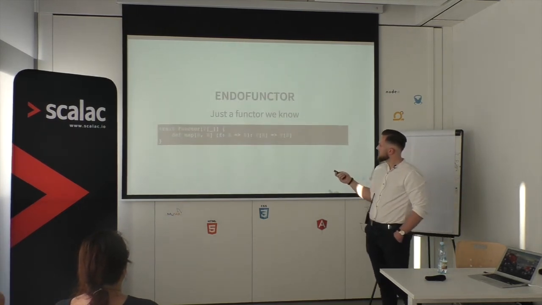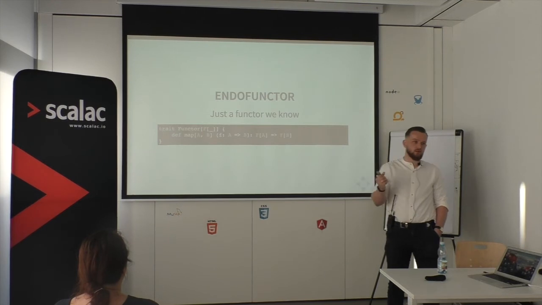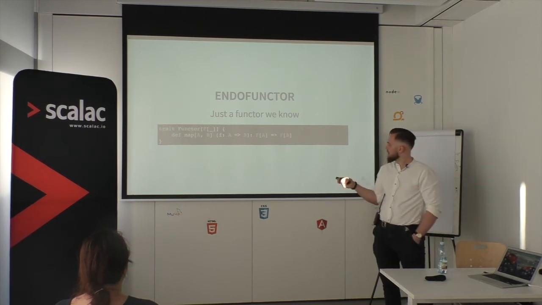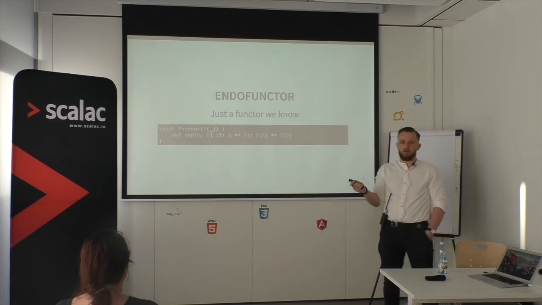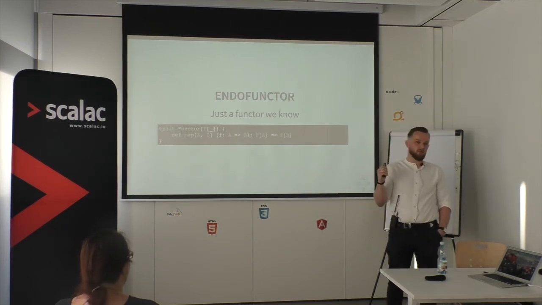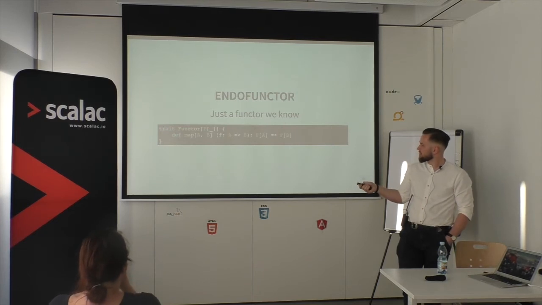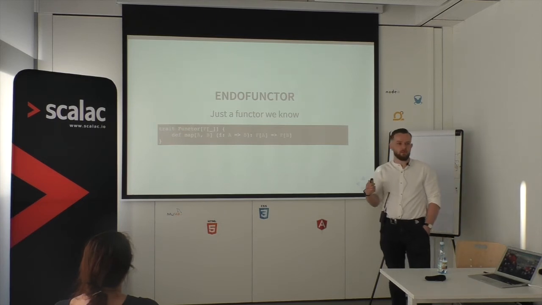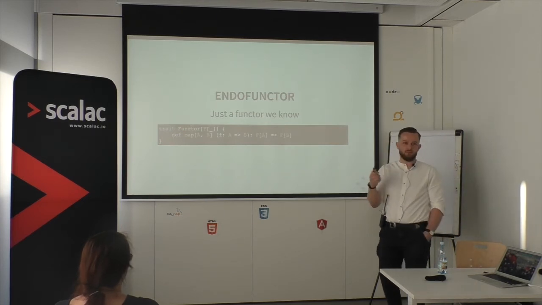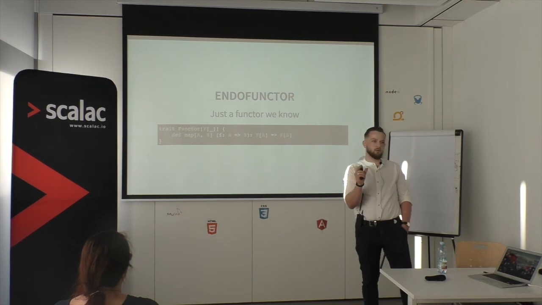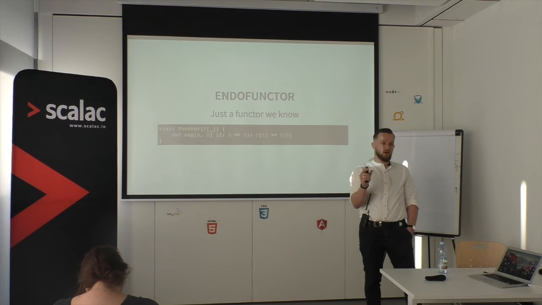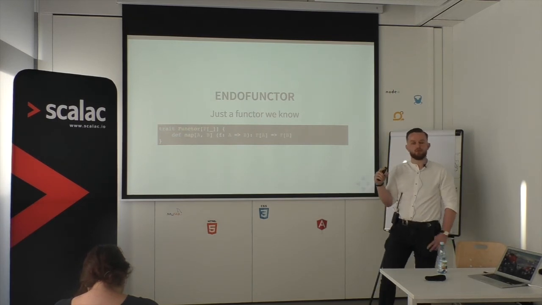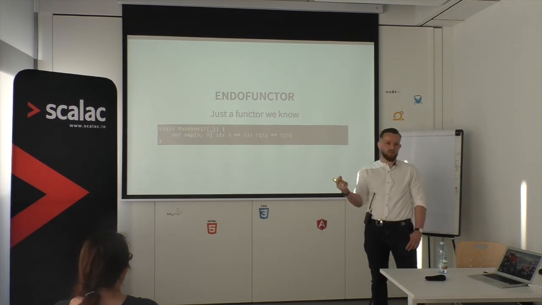Okay, so how does this relate to the code? So we say that f is a functor because if we apply a type argument here, where there is an underscore, we create the new type. So we have a type constructor, let's say option, with one type argument. And we take then an int and wrap it inside the option, so we create the option of int, and that's a type as well.